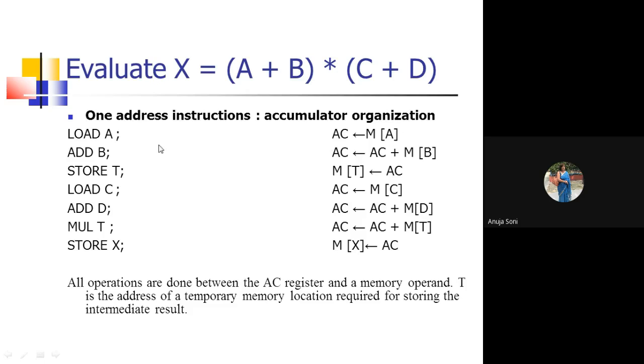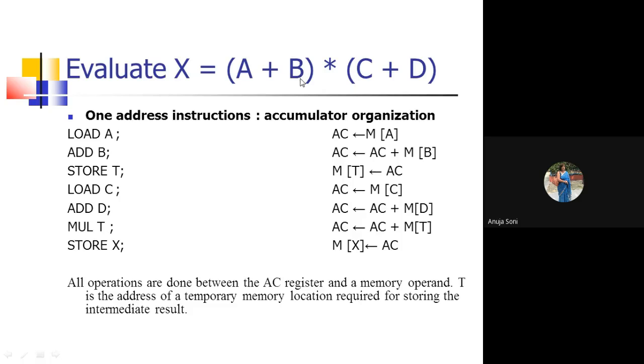Now one value has come up in the accumulator register. Another value we can specify directly as part of add. Now we can directly write add B. How will it work internally? It will take one value from memory, another value from the accumulator. These two will be added and the result will be stored back to AC. This way the add will work. Now this A plus B has been accomplished.